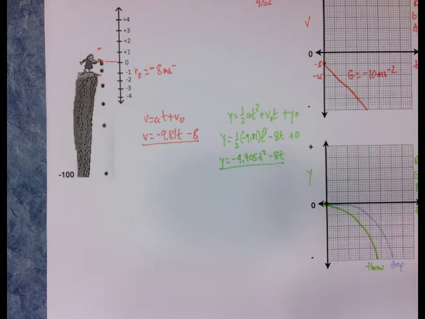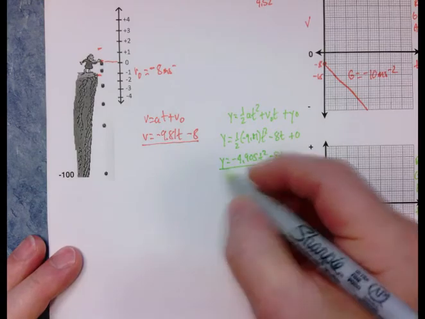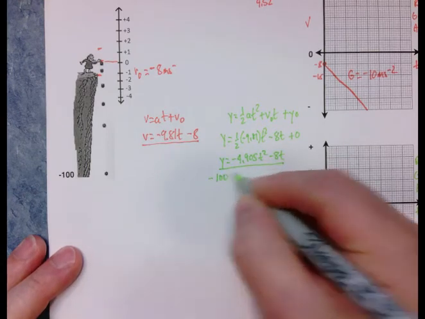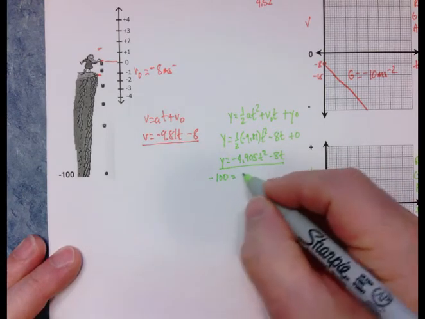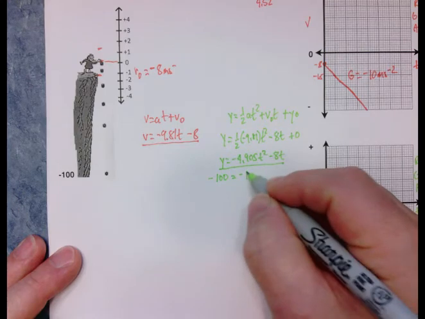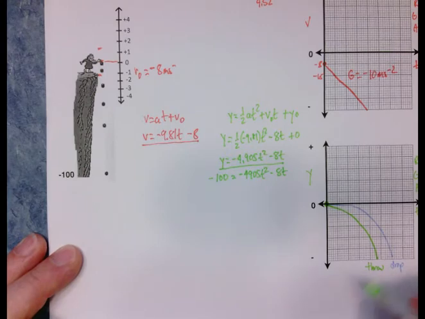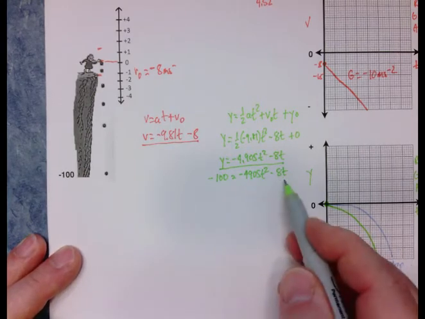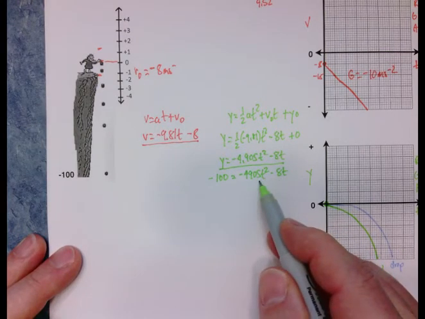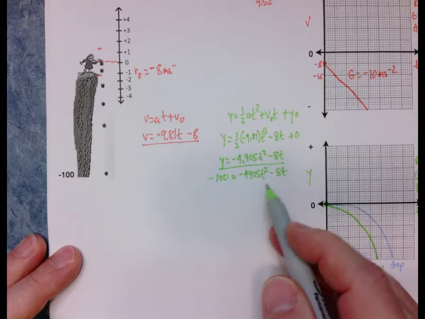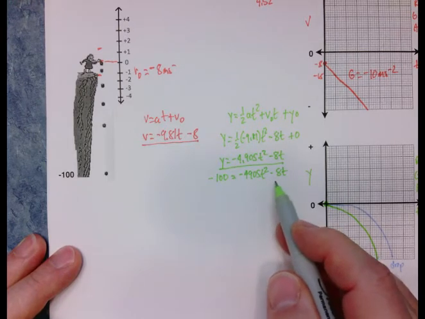Now just as before we wanted to solve this equation, we know the y is going to equal minus 100. And that then is negative 4.905 t squared minus 8t. So this presents a little bit of a problem here because this isn't just a simple divisor. Here, it's more complicated. Now we represent this as a quadratic.